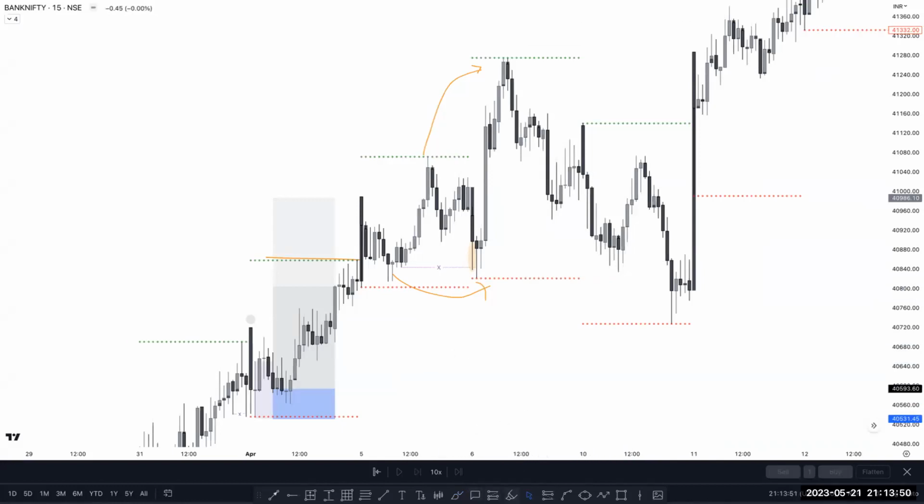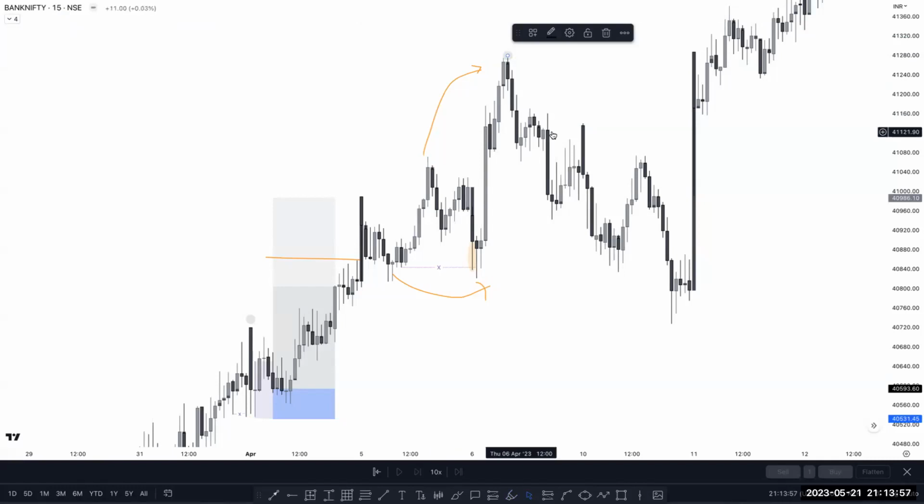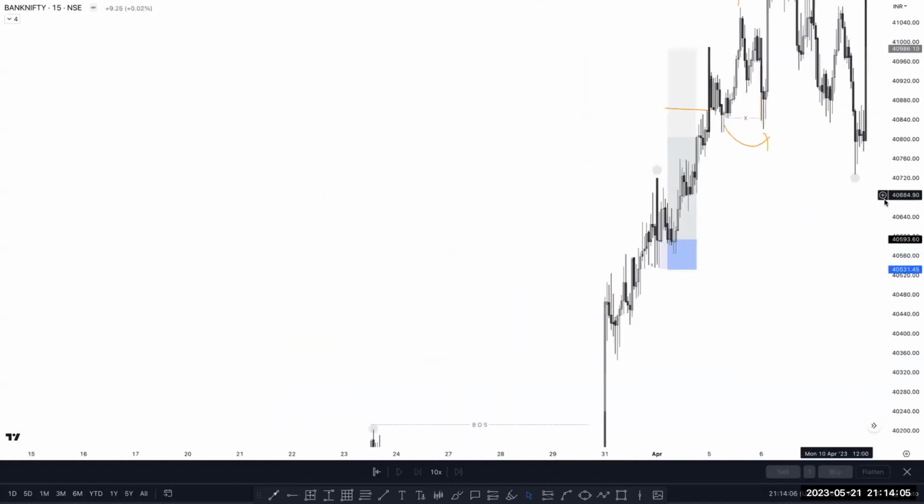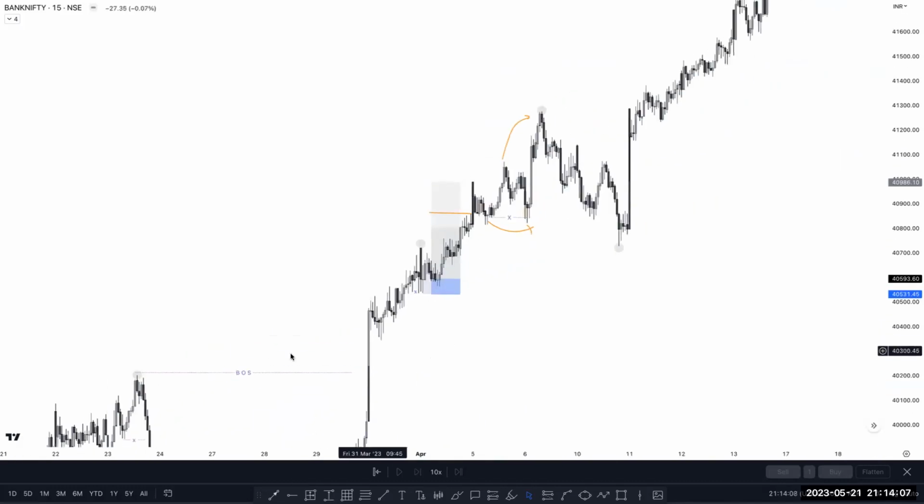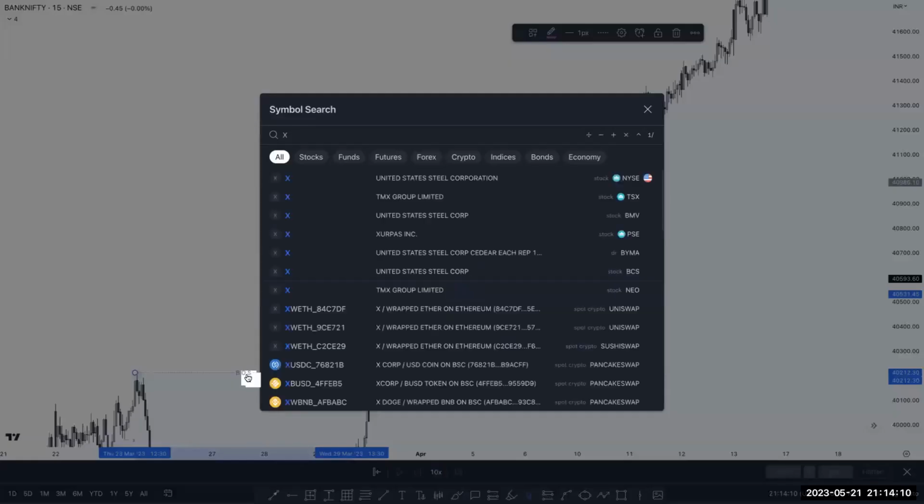And this is our next higher high here. Let me close this one. This is a higher high and the higher low is here, right? And this is up, sorry.